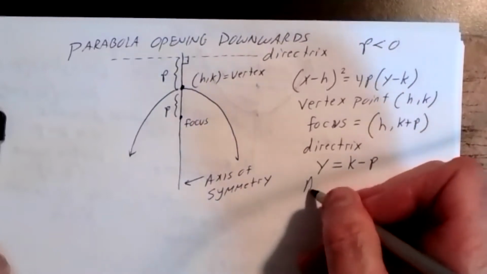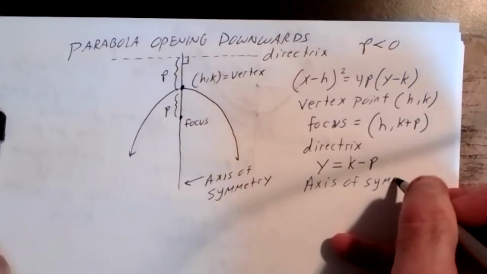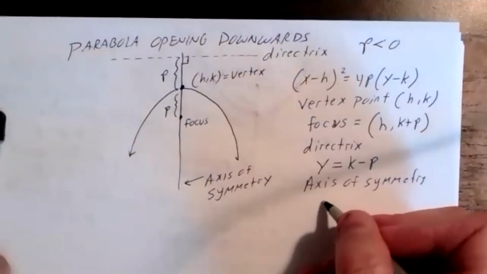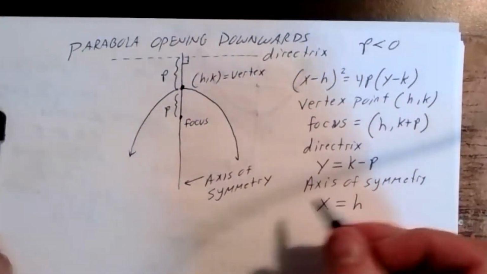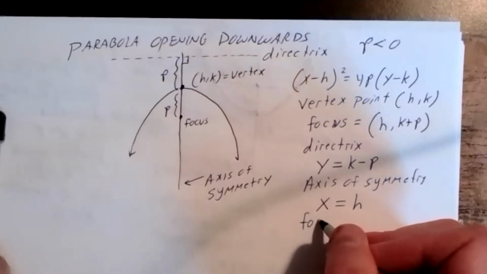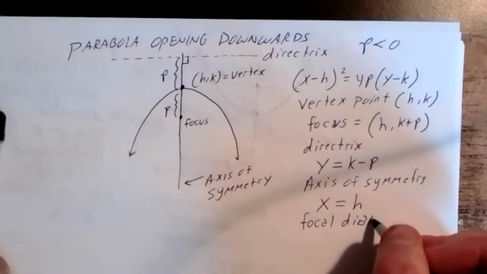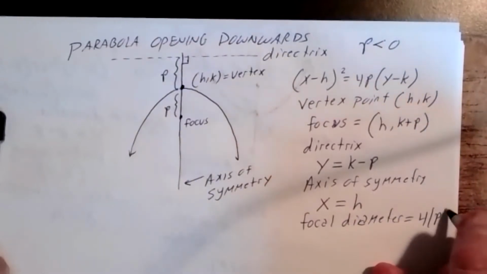The axis of symmetry, being a vertical line, is x equals h. And the focal diameter, again, is going to be 4 times the absolute value of p.